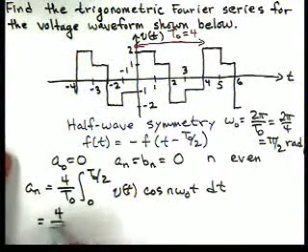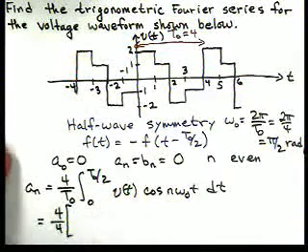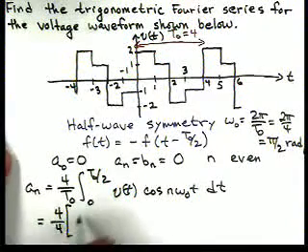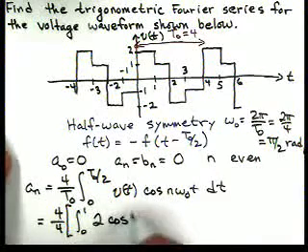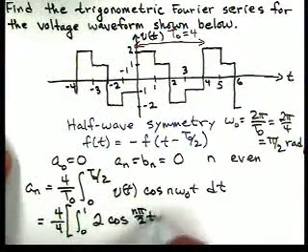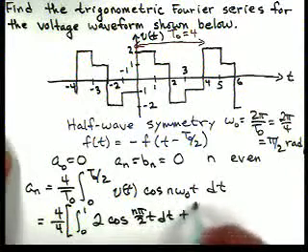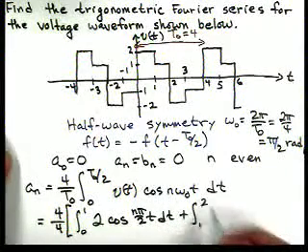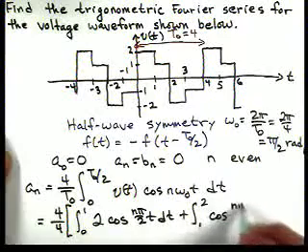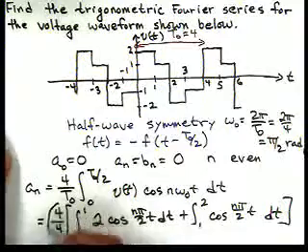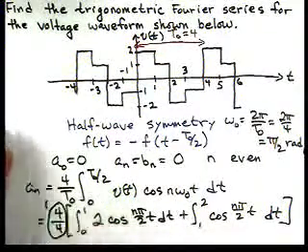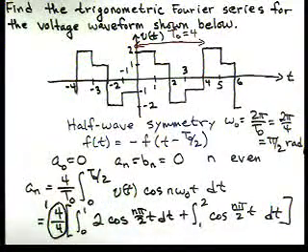So here we have 4 over 4, and then the integral from 0 to 1 of 2 cosine n pi over 2 t dt, and then the integral from 1 to 2 of cosine n pi over 2 t dt. That has a value of 1. So now let's go through and perform the integration.